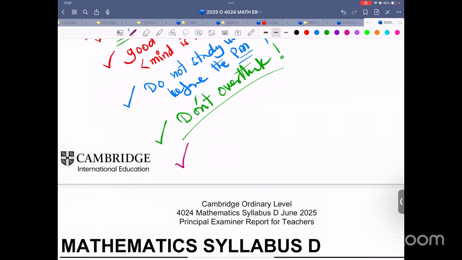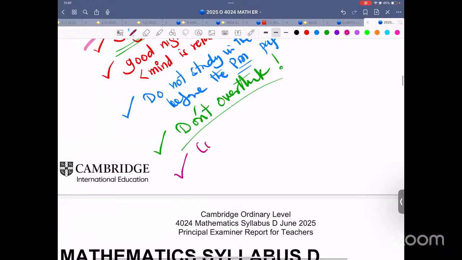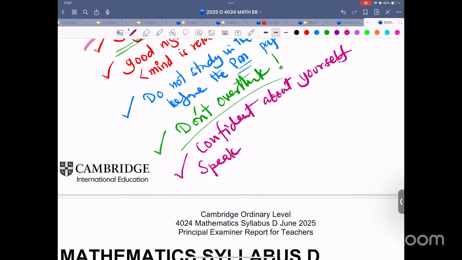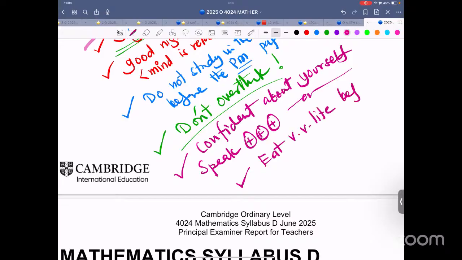And what else? That is basically that you should feel confident about yourself. Don't underestimate yourself. Speak positive, very much positive about yourself. And what else? Eat very, very light before exam.